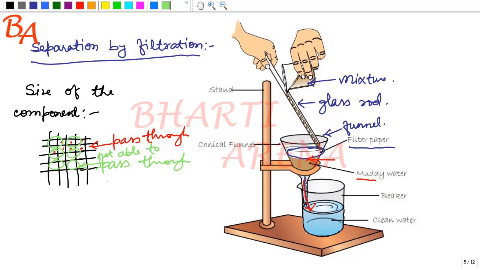Therefore these will be separated from the filter paper. So the filter paper technique is applied where the size of the components, one is very small and other is larger. So the larger particles will remain in the filter paper and the smaller particles will pass through the filter paper.